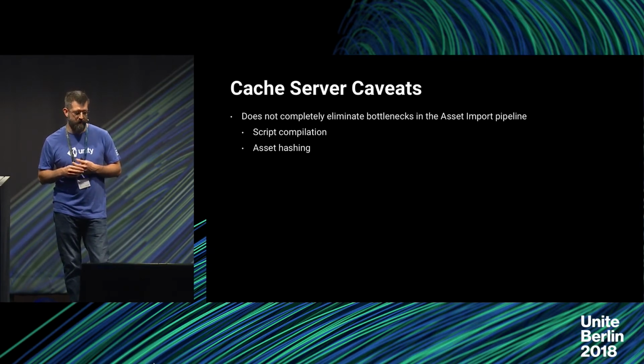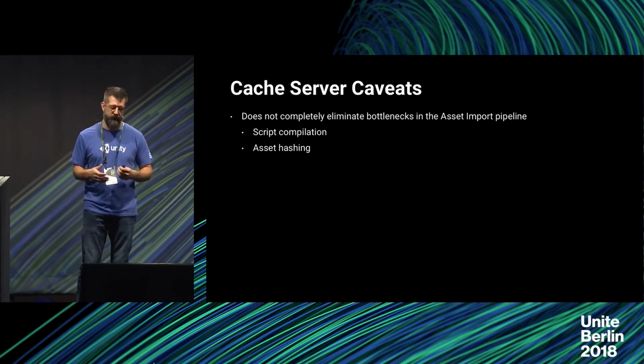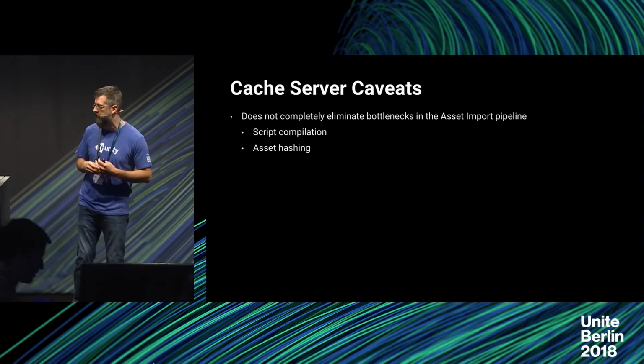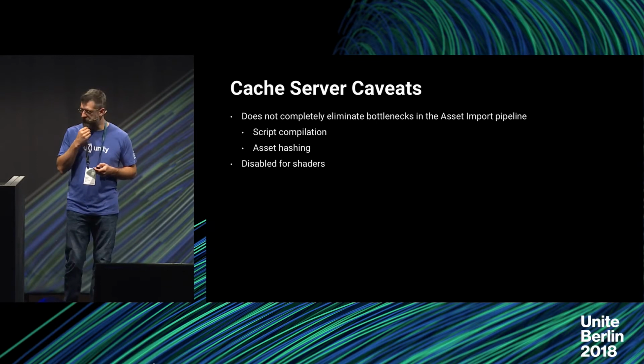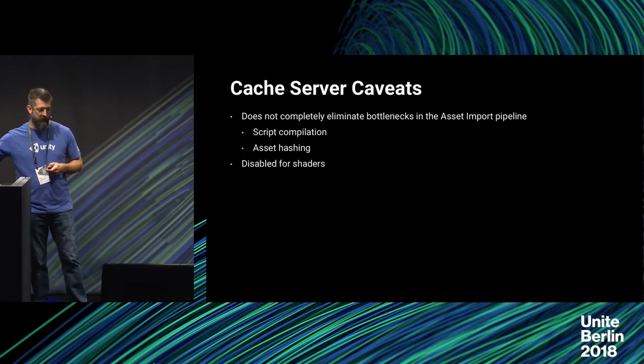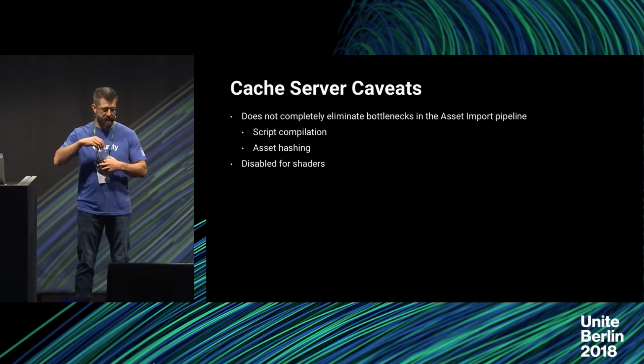So just bear that in mind. Basically, when you start a new project, Unity has to figure out what it needs to ask the cache server for, and that hashing process can take some time on very large projects. And then finally, it's important to note, right now, it's disabled for shaders. So shader imports are not cached.